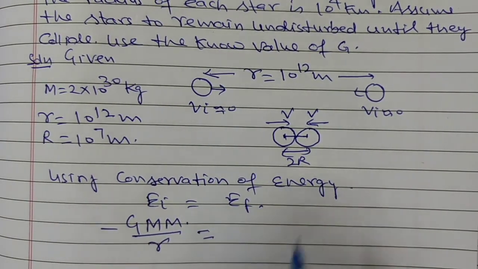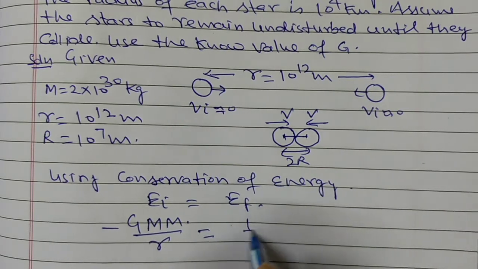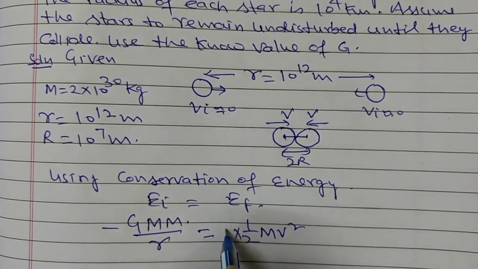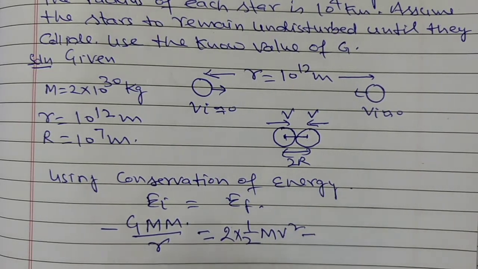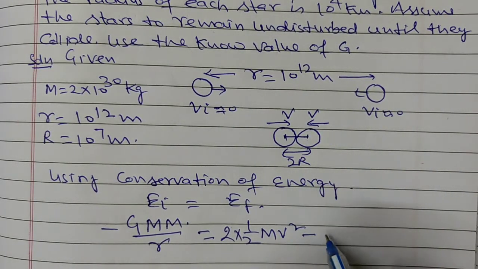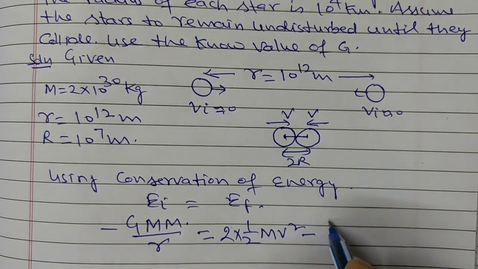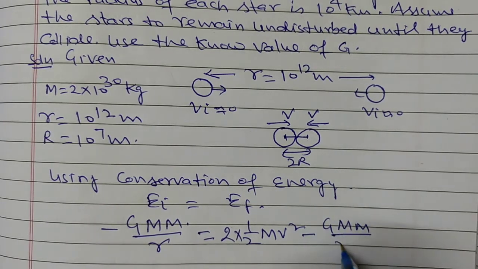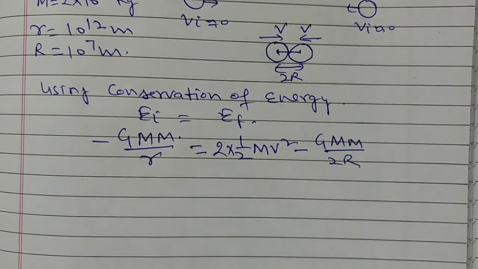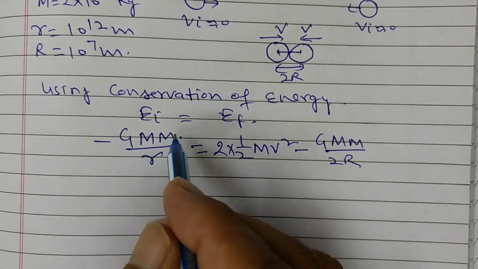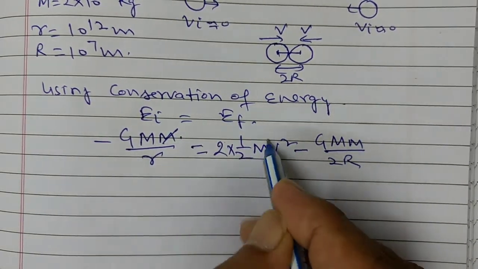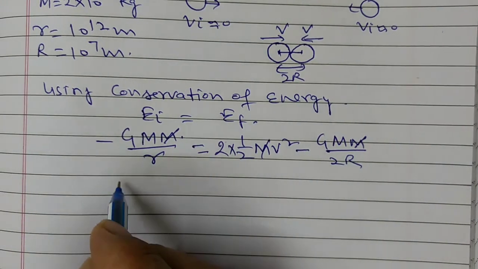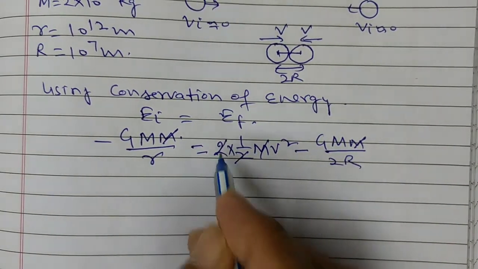And final energy is, number one, the kinetic energy of each star, half m v square into 2, minus the gravitational potential energy. This is minus G m m upon 2r. Here this m is cancelled, and this can be written as m v square. This 2 is also cancelled.